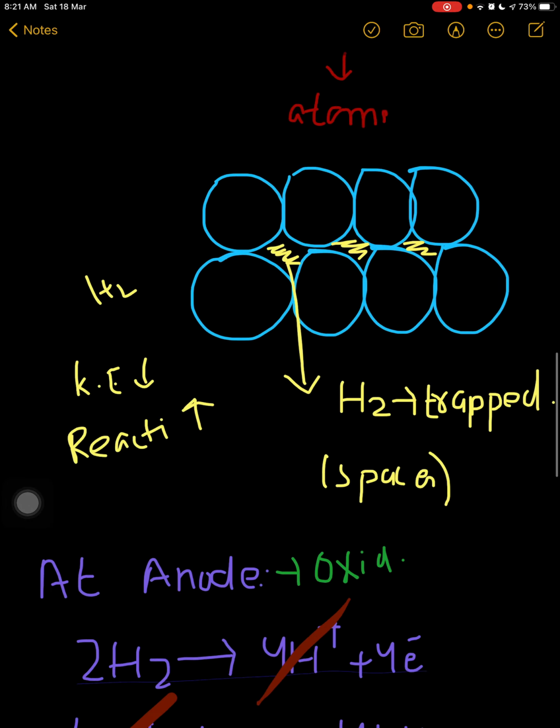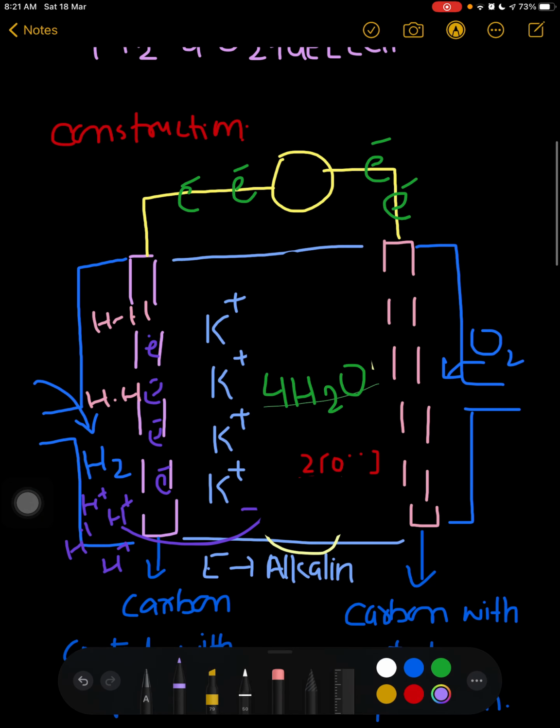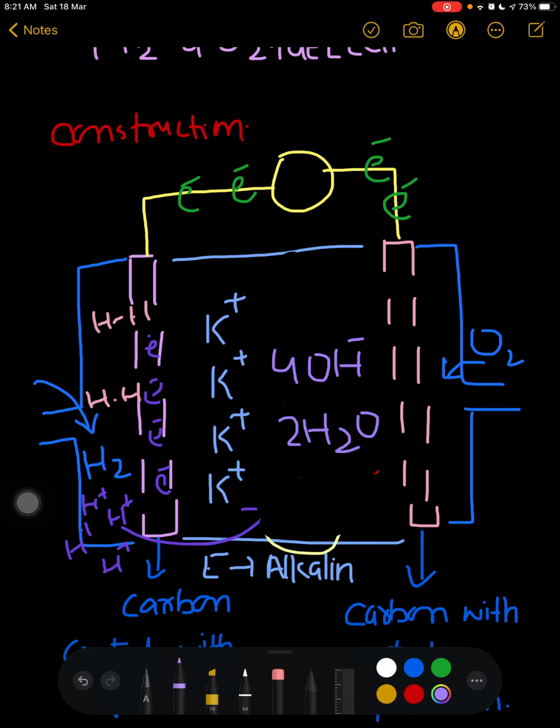Now what's the condition of the electrolyte? Now we have 4 OH ions plus we have 2H2O. It means the electrolyte is now diluted. When it is diluted, the specific gravity is decreased. The specific gravity of this potassium hydroxide is decreased, and because the specific gravity is decreased, its working capability is also decreased, right?